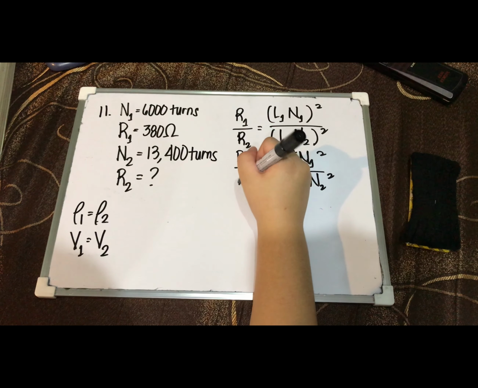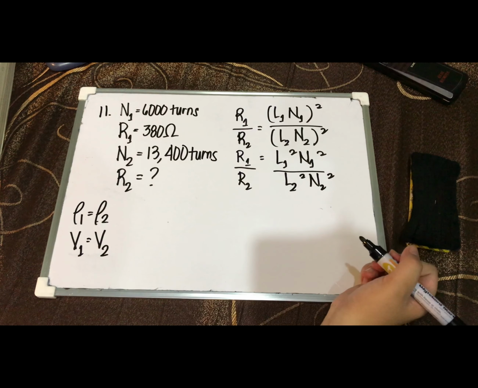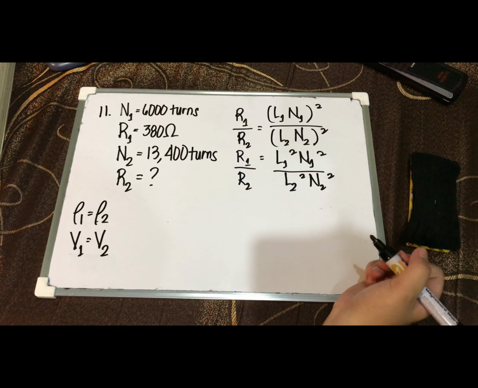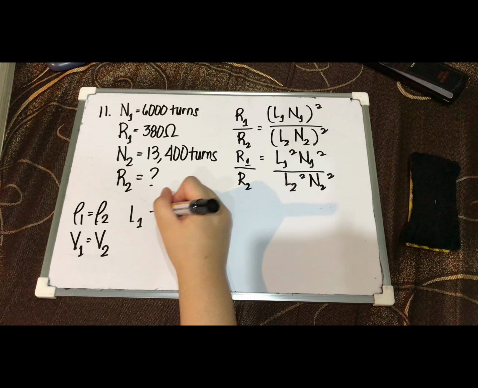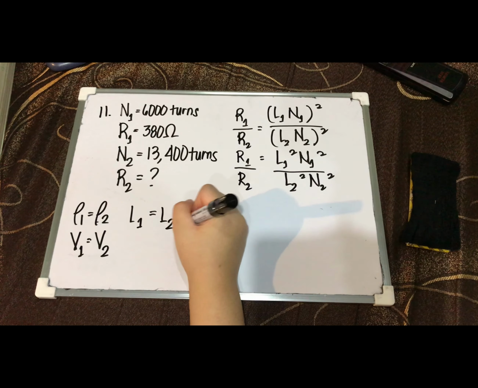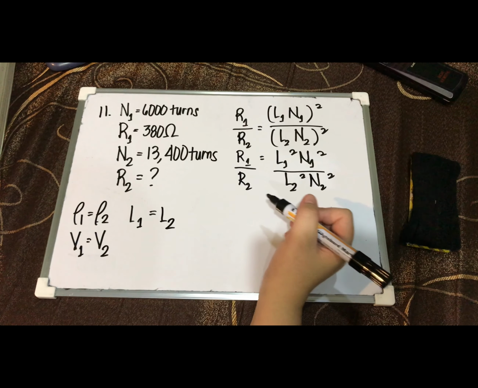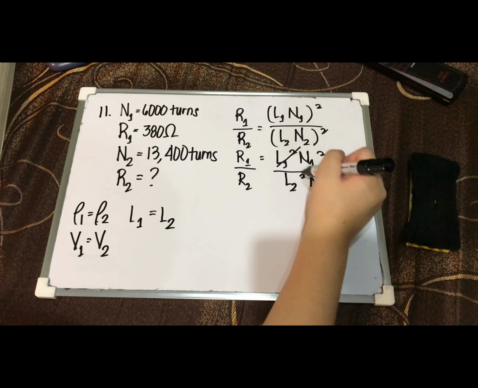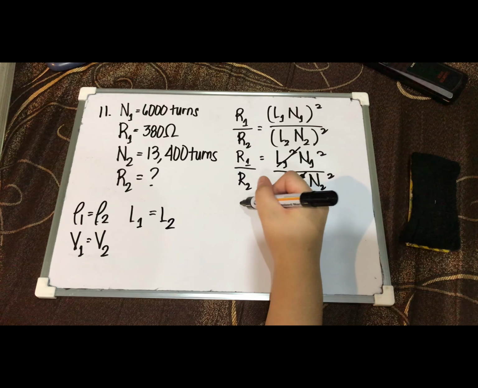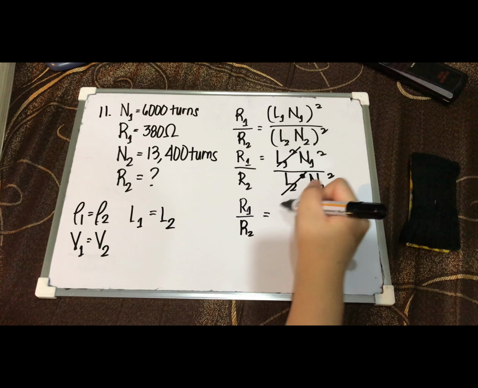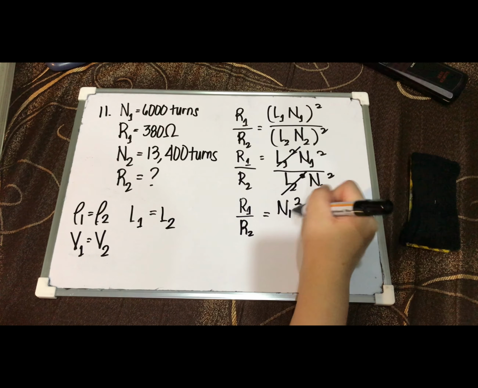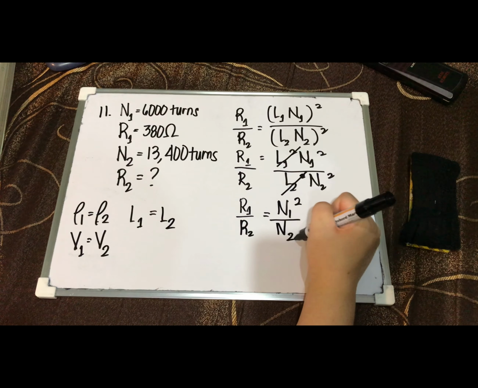R1 and R2. So, sinabi kanina na nirewound lang yung wire. So, i-assume din natin na yung length ng 1 ay equal lang dun sa second length. So, ito ay makakancel. Ang gagamitin nating formula ngayon ay R1 over R2 is equal to N1 squared over N2 squared.